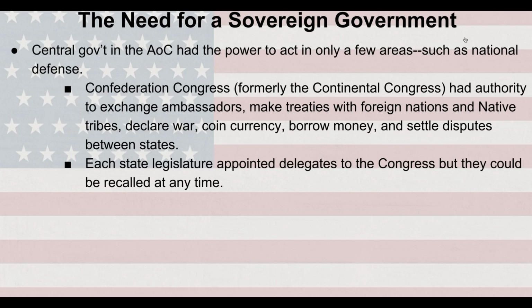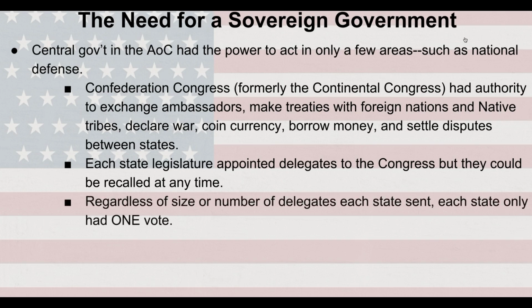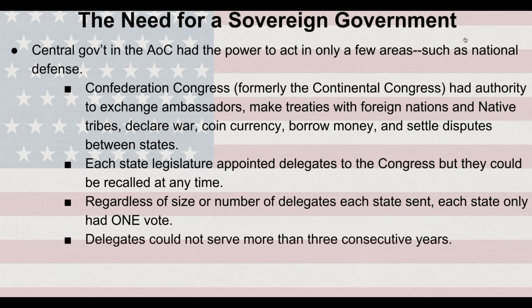Regardless of size or number of delegates that was sent to the legislature, only one vote was cast by each state. So each state only had one vote. Delegates could not serve more than 3 consecutive terms. So there was this idea of term limitation in regards to delegates.